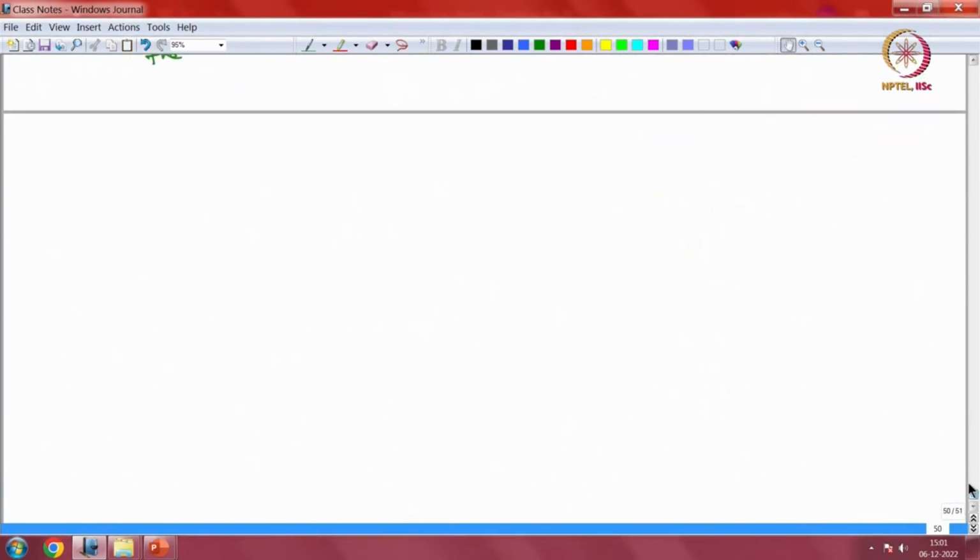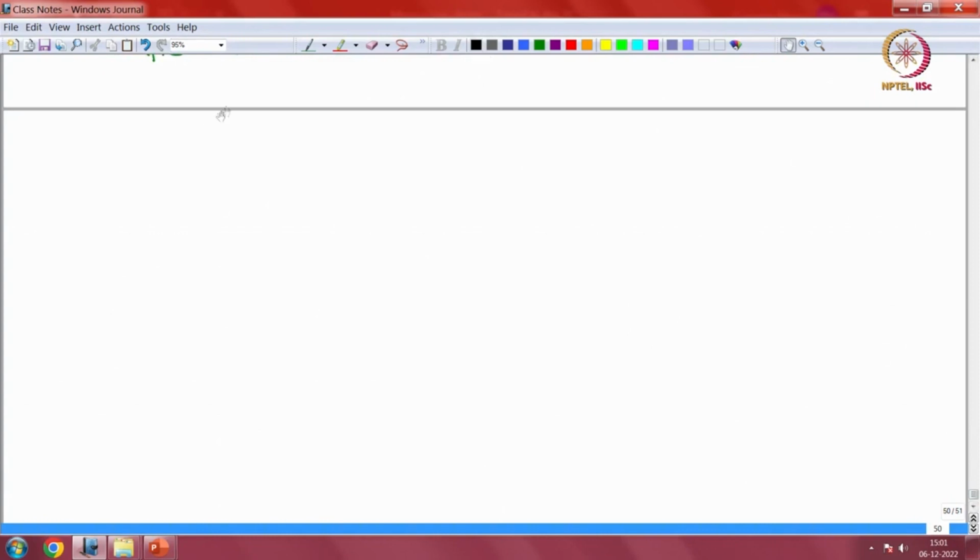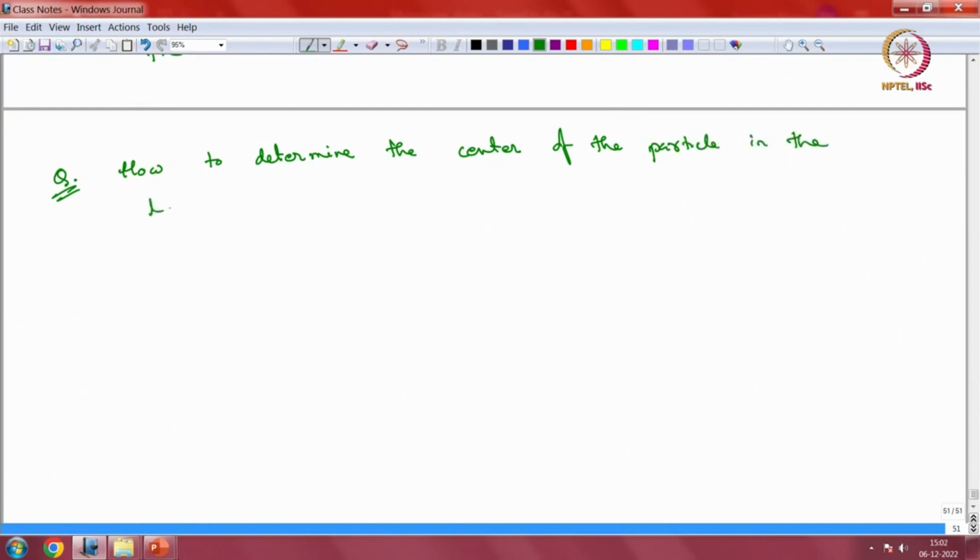So, the question we are trying to ask is how to determine the center of the particle in the latter case, and with subpixel accuracy. Okay.